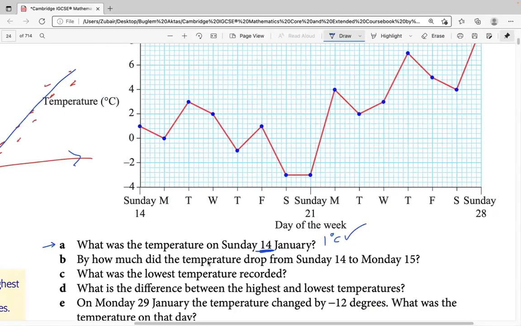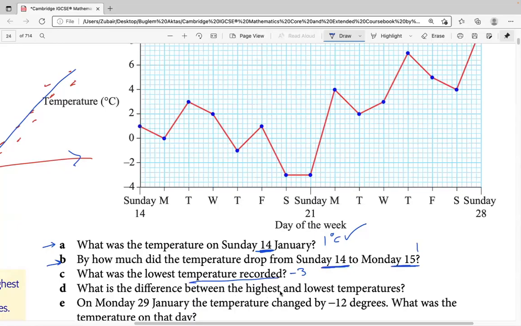By how much did the temperature drop from Sunday 14th to Monday 15th? It dropped by 1. Very good. What was the lowest temperature recorded? The lowest temperature recorded was -3. Very good.